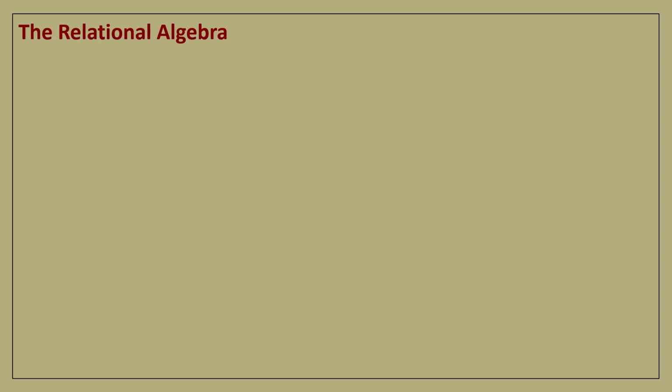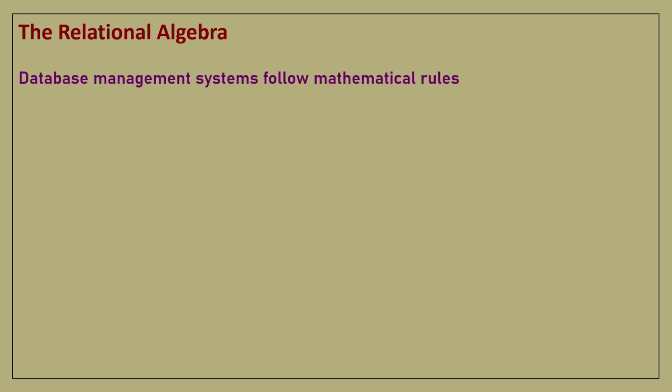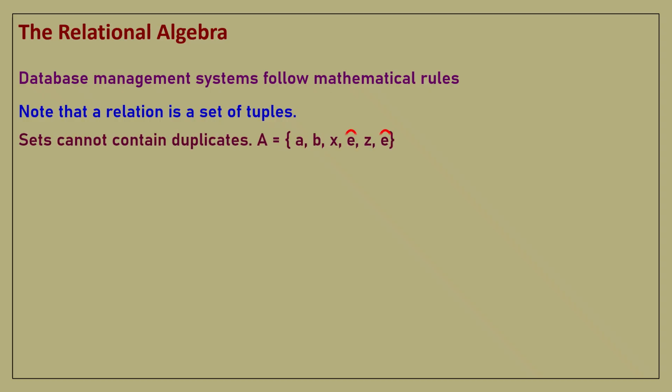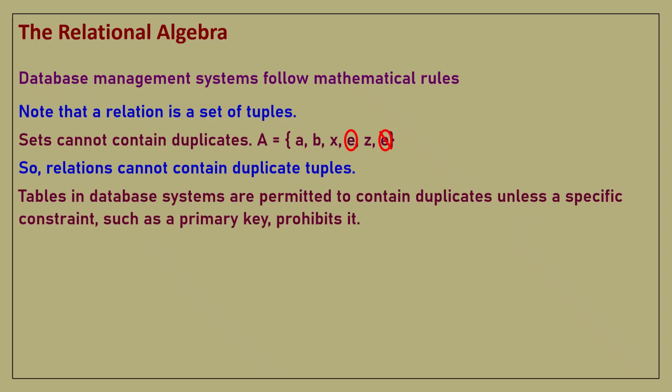Students should be aware that database management systems follow mathematical rules. Note that a relation is a set of tuples. Sets cannot contain duplicates, so relations cannot contain duplicate tuples. However, tables in database systems are permitted to contain duplicates unless a specific constraint, such as a primary key, prohibits it.